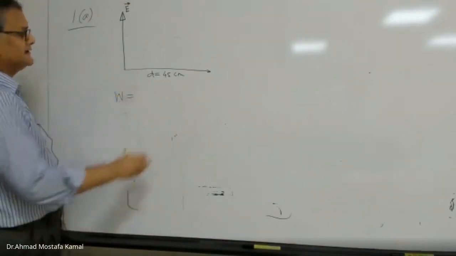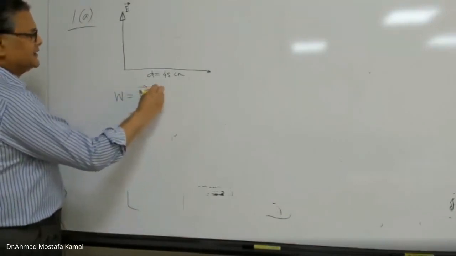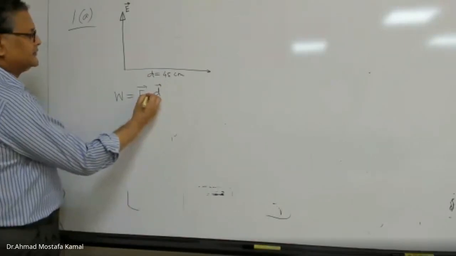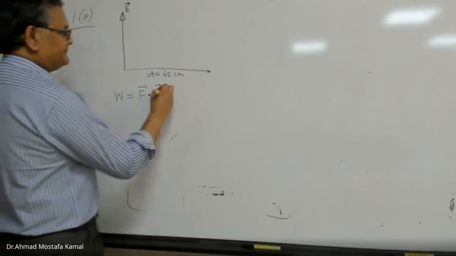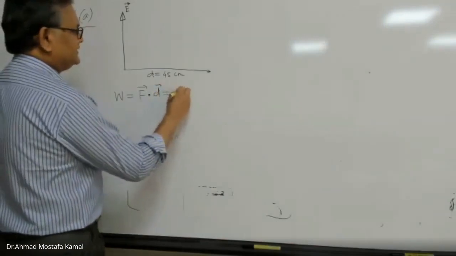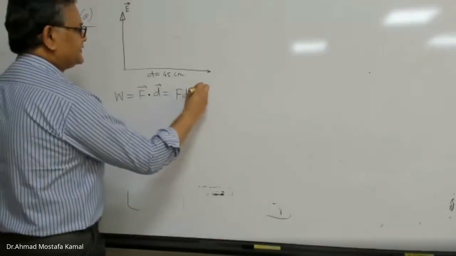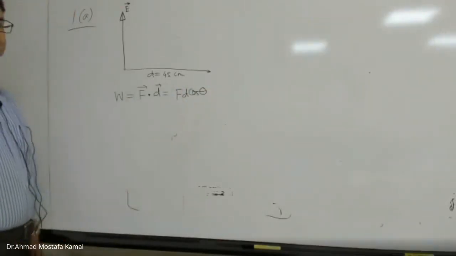But in this case, since an angle is made, you have to use the equation F dot D, which is FD cos theta. A dot B is AB cos theta.